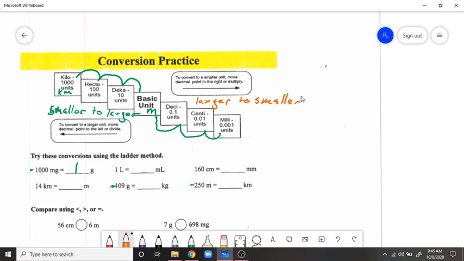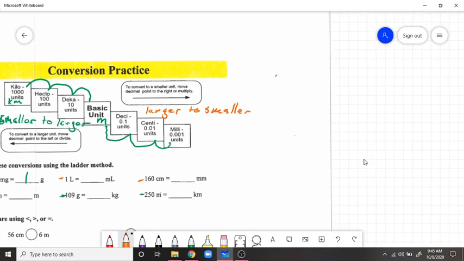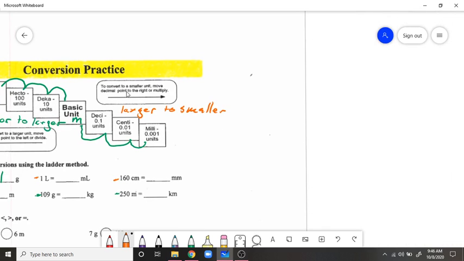In our units, that's this one, and this one. It says move the decimal point to the right or multiply.